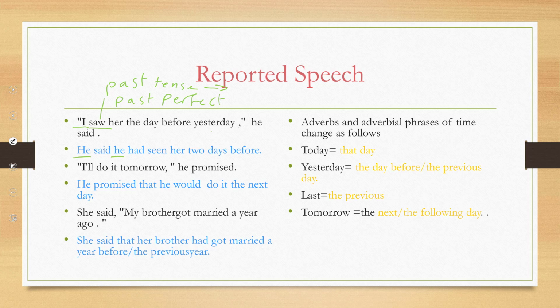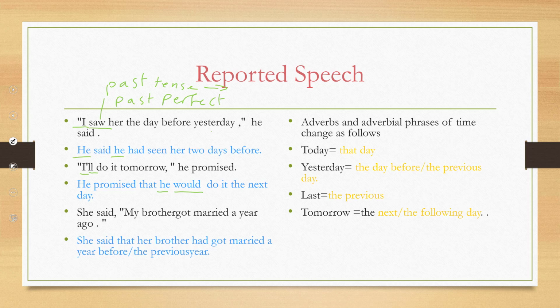Number two, I'll do it tomorrow. Look at the changes. He promised that. I is changed into he. Will is changed into would. Do is left the same because after will and would we have infinitive.